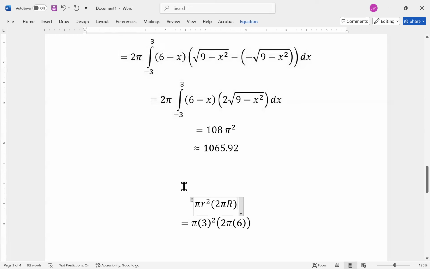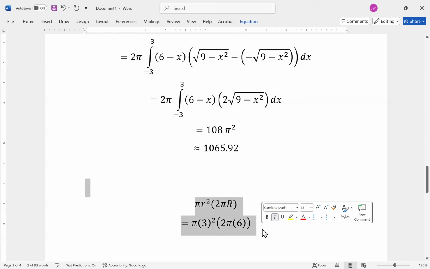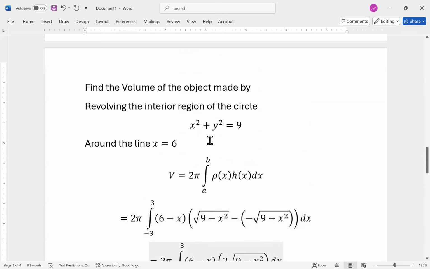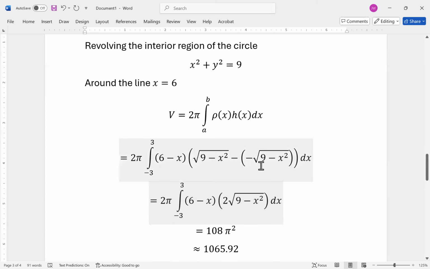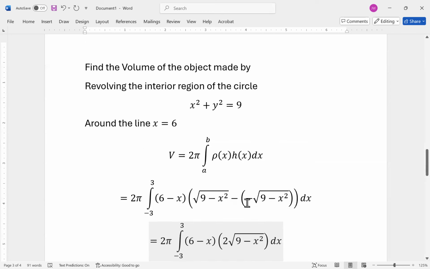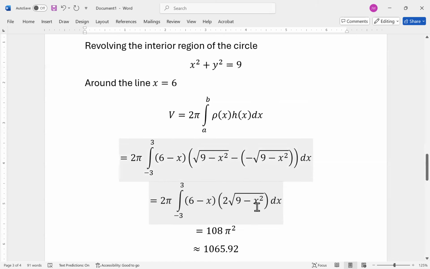In any case, I don't expect you to know the formula for the volume of a torus, but you should be able to set something like this up, get an approximate volume, get an exact volume if you want, and then you're off to the races. As long as you can do the shell method to find volume, then you're good to go in this section.